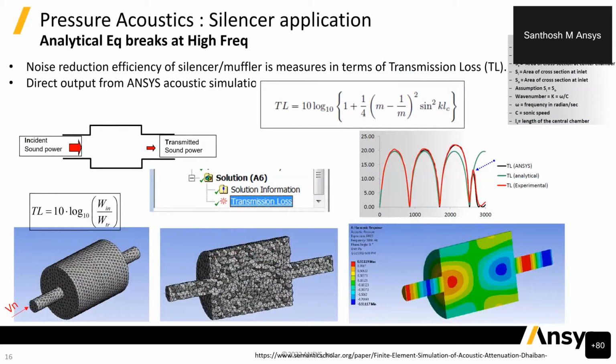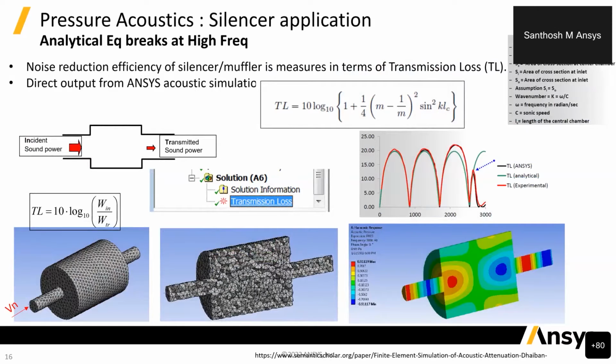There are well-known analytical formulas to calculate the transmission loss of a muffler, but these theoretical equations work only up to a certain frequency range where the wave propagates as a plane wave. At certain frequencies the waves no longer propagate as plane waves.